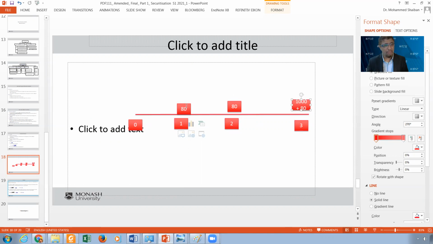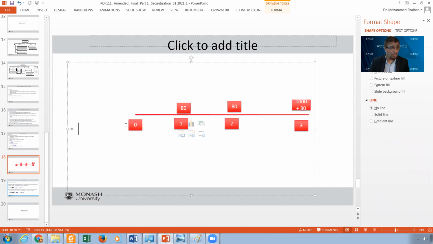So you want to bring those cash flows to time 0, which is the present value. You want to calculate the present value, which is the price of the loan. It's a cash flow of what we call annuities.